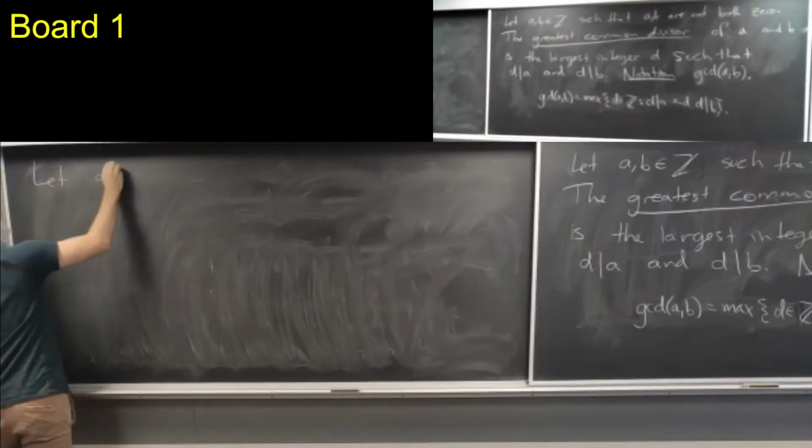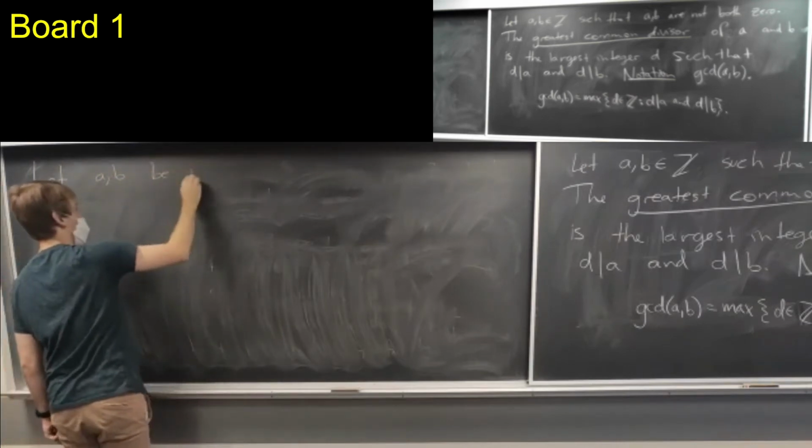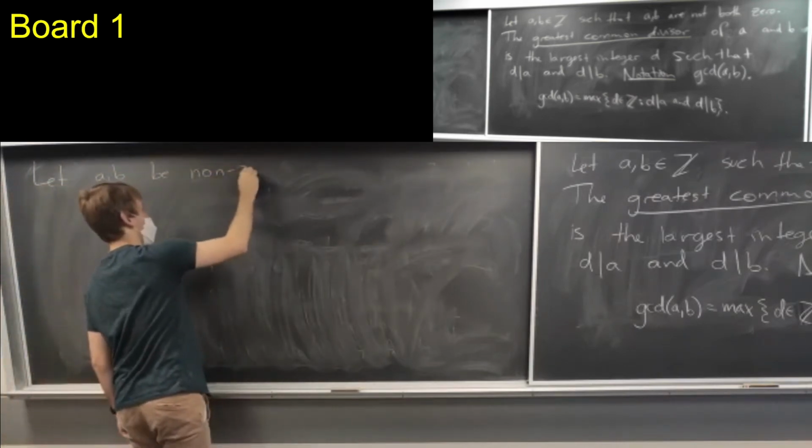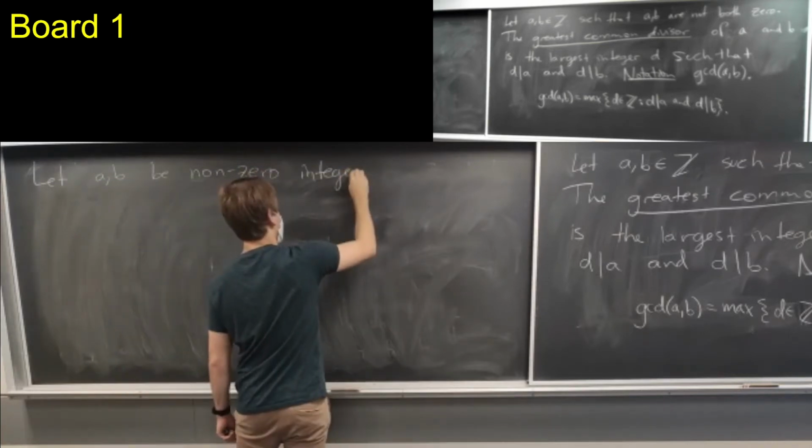So let A and B, so this time I'm going to make them both non-zero integers.